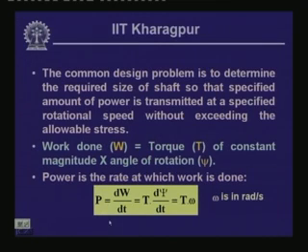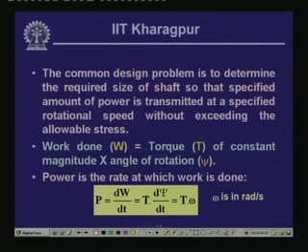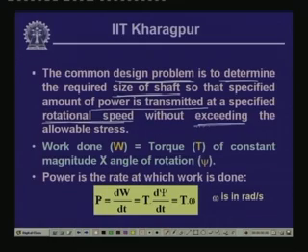Now, if we look into that, in such shafts, the main problem which is essential to be determined is the size of shaft, so that it can transmit the power at a specified rotational speed without exceeding the allowable stress.